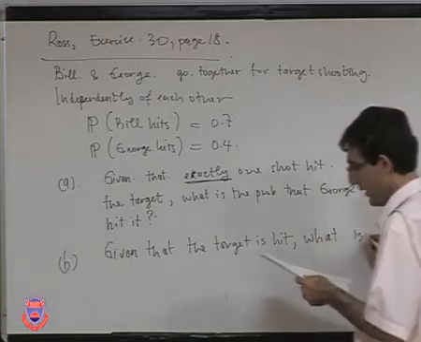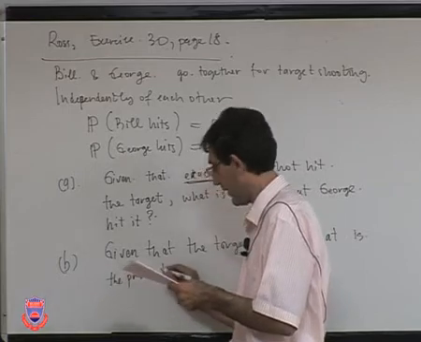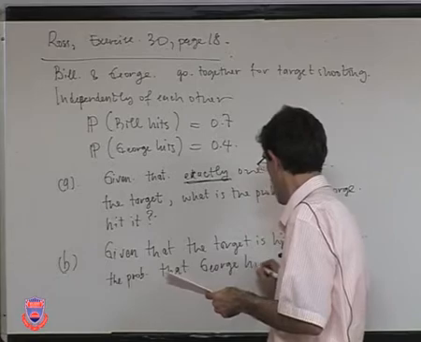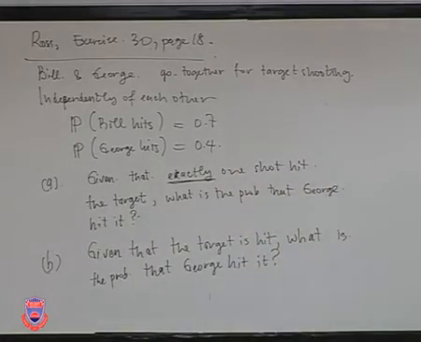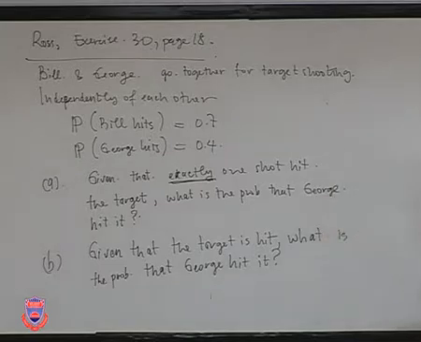What is the probability that, again, George hit it? So in one case you have more information, in the other case you have less information. But we would like to again find the same probability that George was successful.